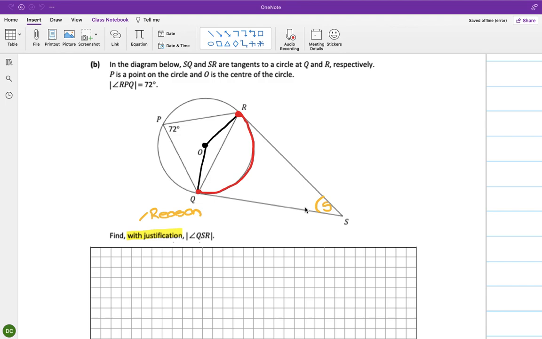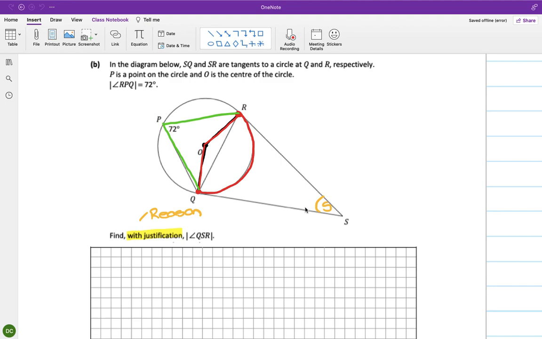So this angle there is on the same arc as this angle here. But the red angle converges at the center and the green angle converges at the circumference.